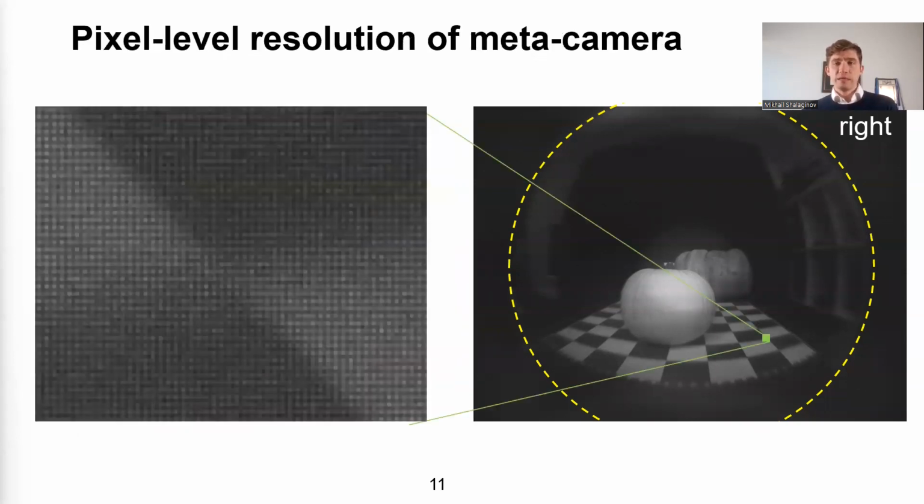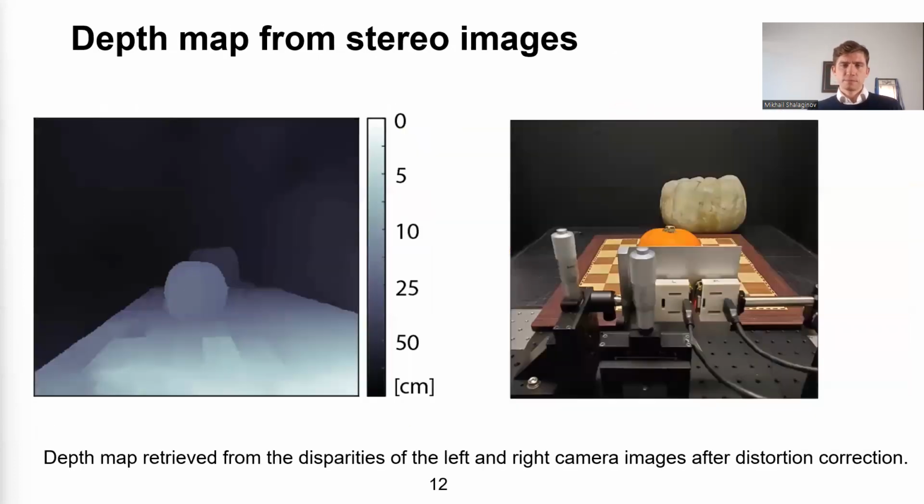Now, if I zoom into this tiny green patch of the right image, we observe a high-quality resolution down to pixel size. By performing image analysis, which involves camera calibration, image rectification, disparity map generation, and its inversion, we can retrieve the depth map from the previously shown panoramic images.